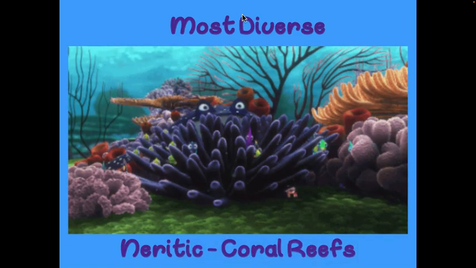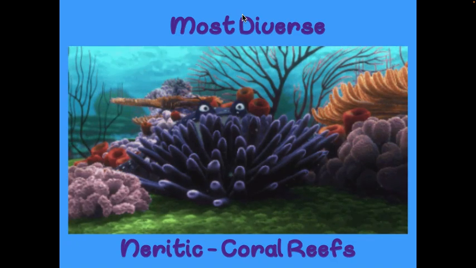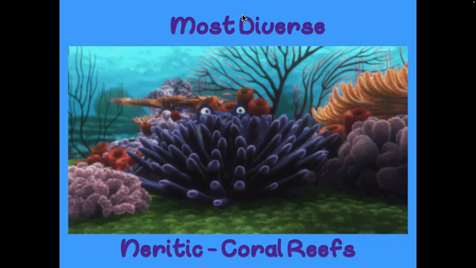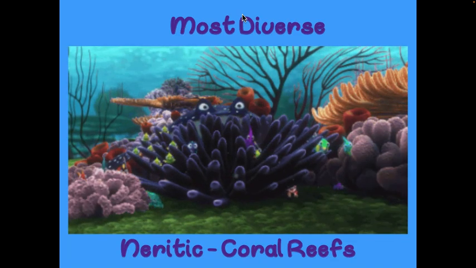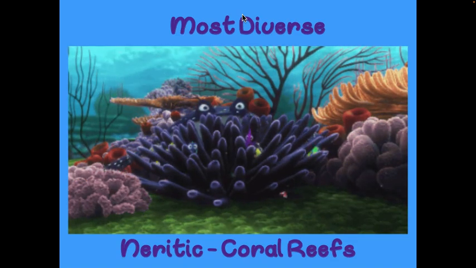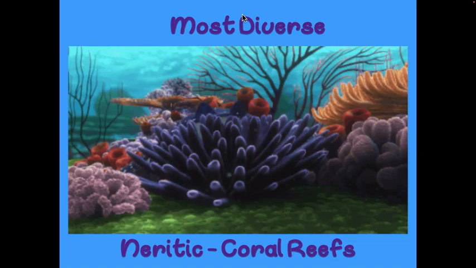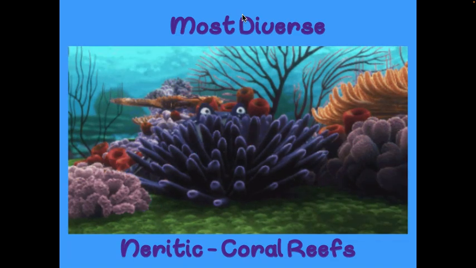What's another way you could describe neritic zone? Definitely the most diverse. Sometimes neritic zone is not referenced and intertidal is not referenced, so they call it the coastal zone. Yes. But I need you to know that the neritic zone is where coral reefs are found, and it is the number 1 most diverse area in all of the marine biome.